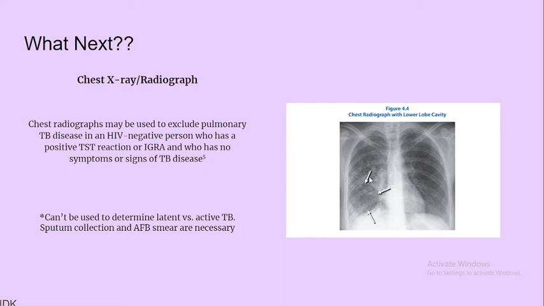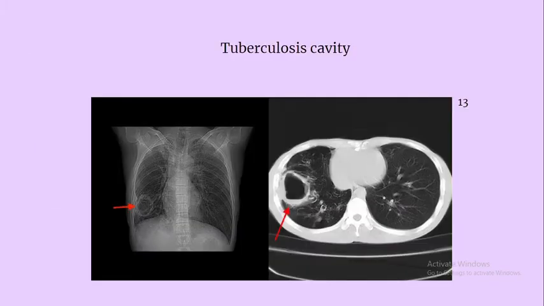This is basically a cavity that is due to TB, and that kind of image may be used to not necessarily diagnose TB, but it is a very good indicator of it. It can't really be used to determine latent versus active TB, so a sputum collection or an AFB smear are necessary afterwards.